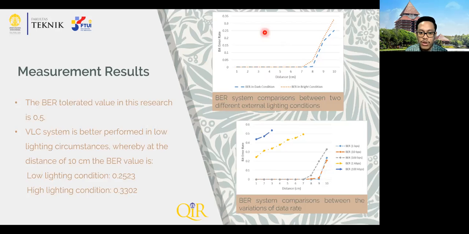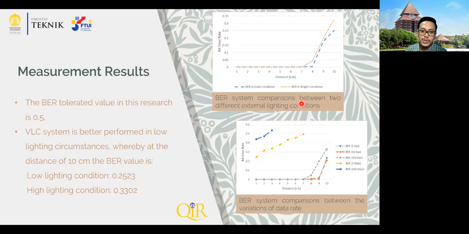The figure at the top shows that the visible light communication system at low lighting intensity circumstances has a relatively lower, or better, BER value than at high lighting intensity circumstances. This is because the modulation technique used in this research is the OOK modulation technique.